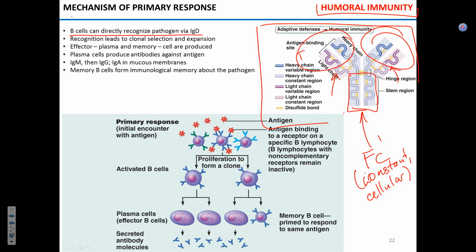Now this part, sometimes called FAB. AB stands for antigen binding. So there are millions and millions of antigens out there. So FAB fragments of antibodies have to be very variable.